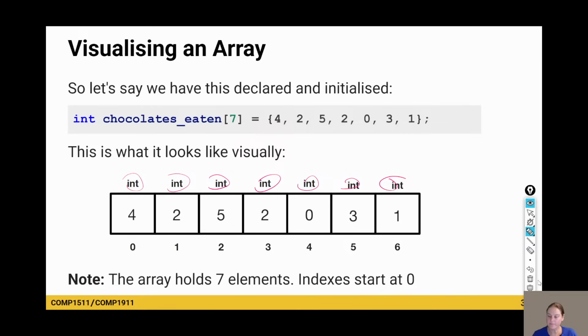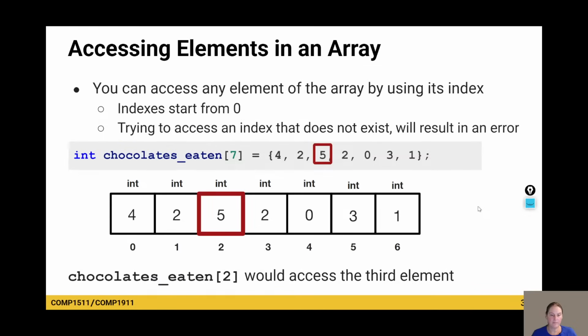All right? Now, how can we access these individual integers? Well, we use the indexes, and we do something like this. So if I say chocolates eaten, and I put these brackets and say at index 2, that's going to go to index 2 and get the value out, which in this case is 5.